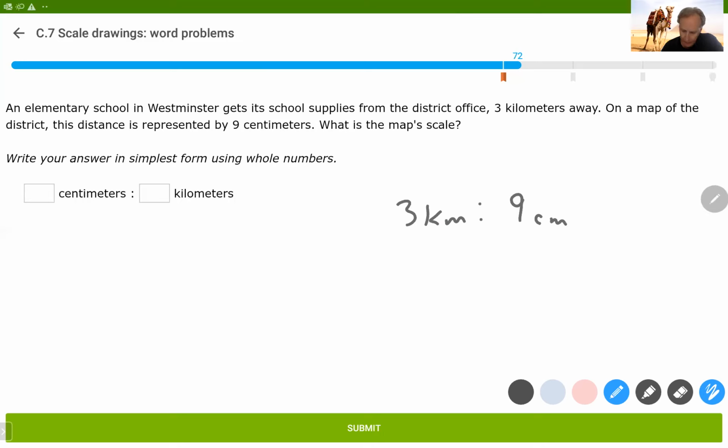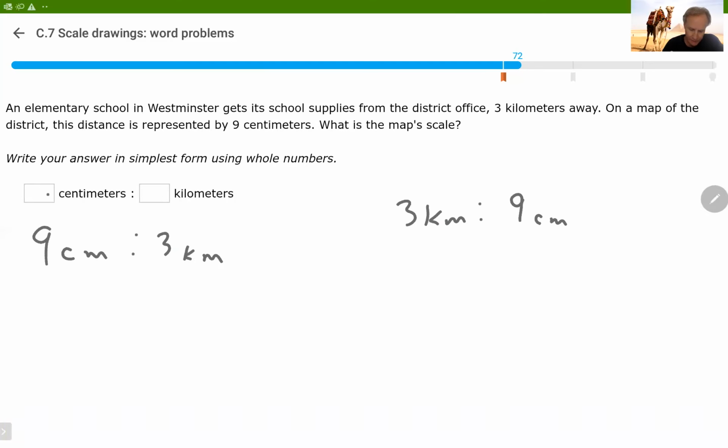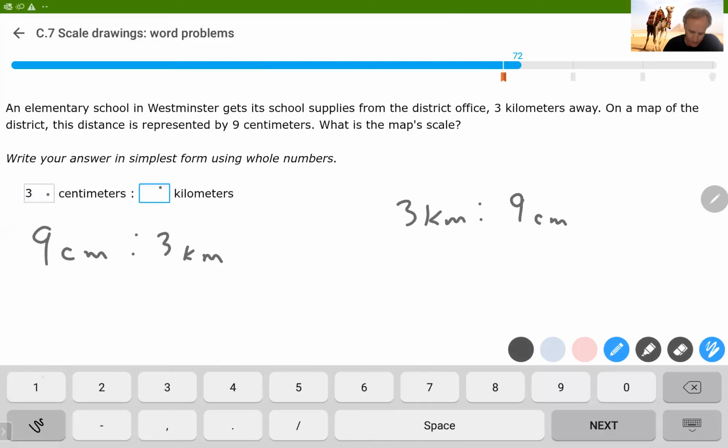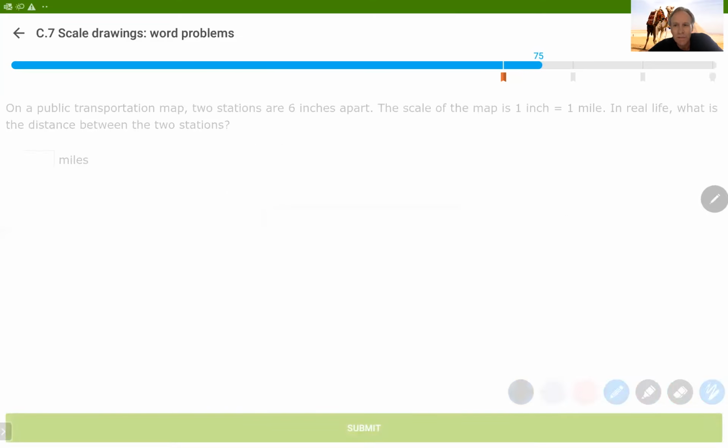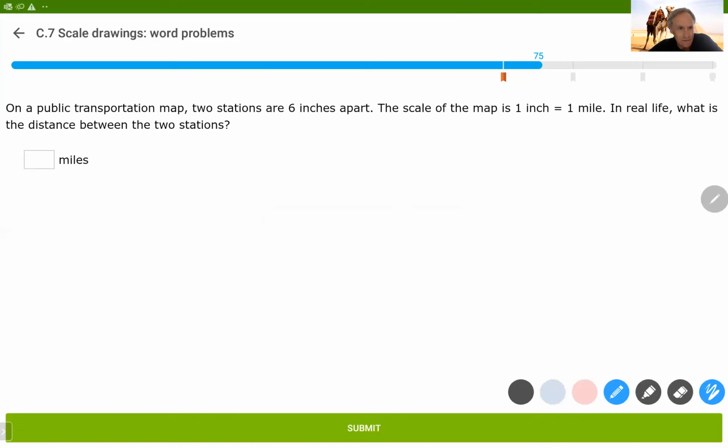So we want it backwards. So it's 9 centimeters to 3 kilometers, and we divide by 3 in each part. So we're talking about 3 to 1. Just make sure you match up your units. That's the main thing. This is 1 to 1, and it's going to be 6 miles.